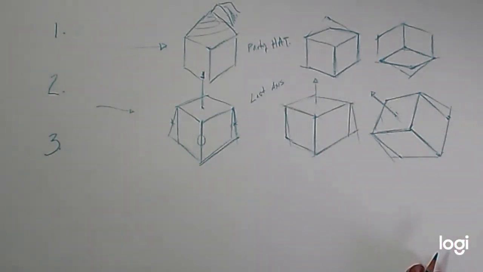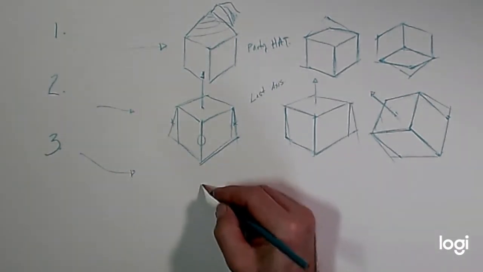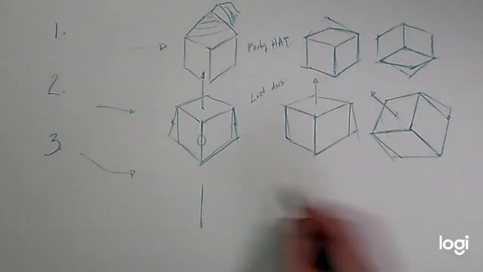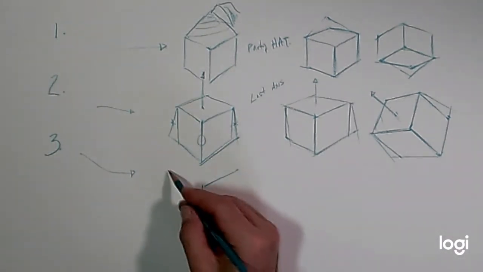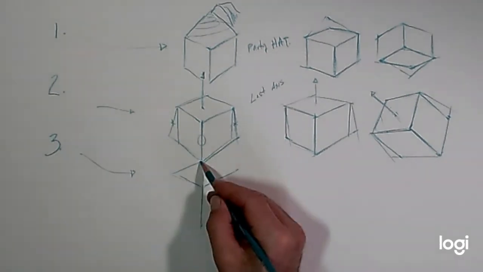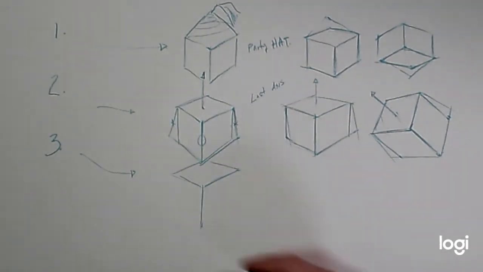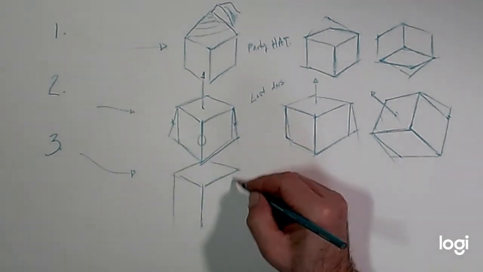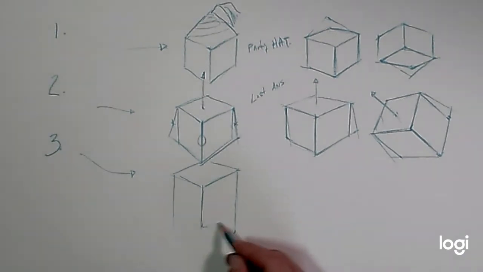Okay, now the third one is this. Try not to get the party hat. We're going to get our axes correct. And here.